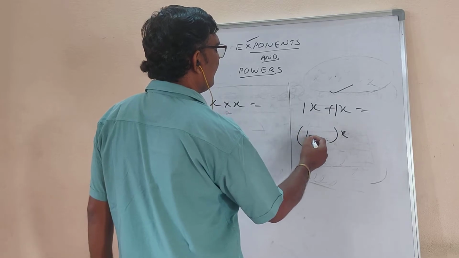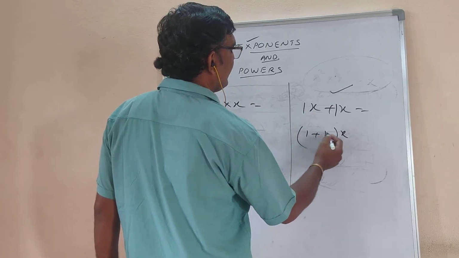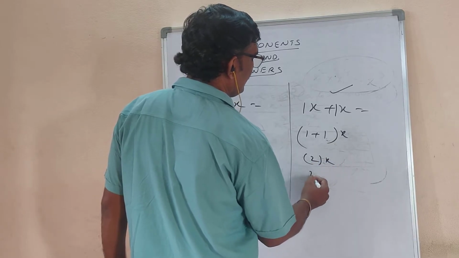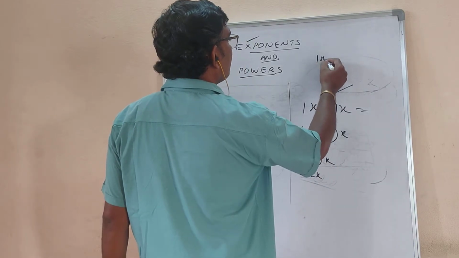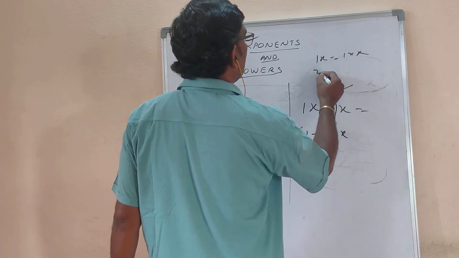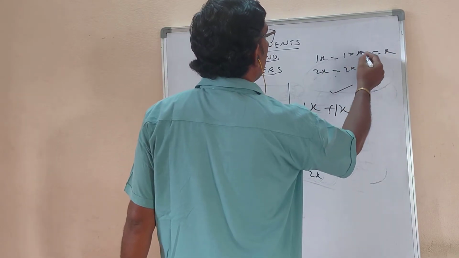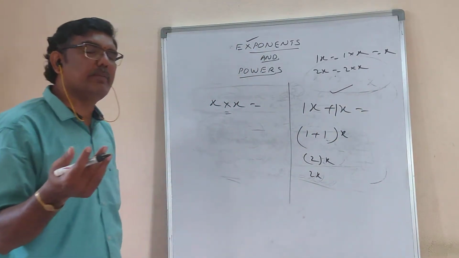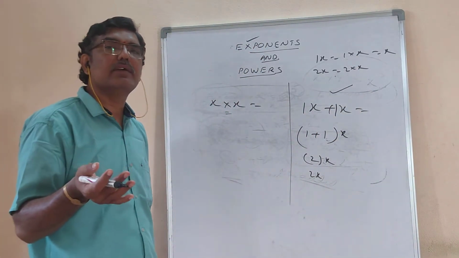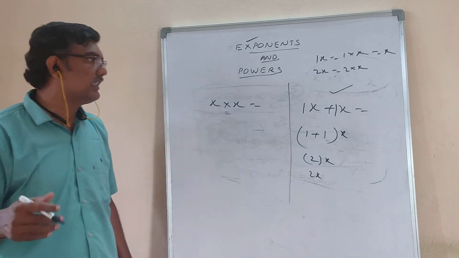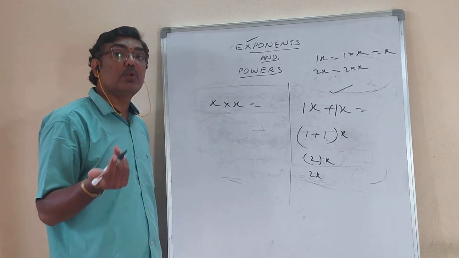So what is remained here? 1 plus 1. 1 plus 1 is how much here? 2. 2 into x is nothing but 2x. 1x means 1 into x. 2x means 2 into x. If you multiply any number with 1, that number only will come. 1 into 5, 5 only. 1 into 10, 10 only. 1 into x, x. 2 into x, 2x.